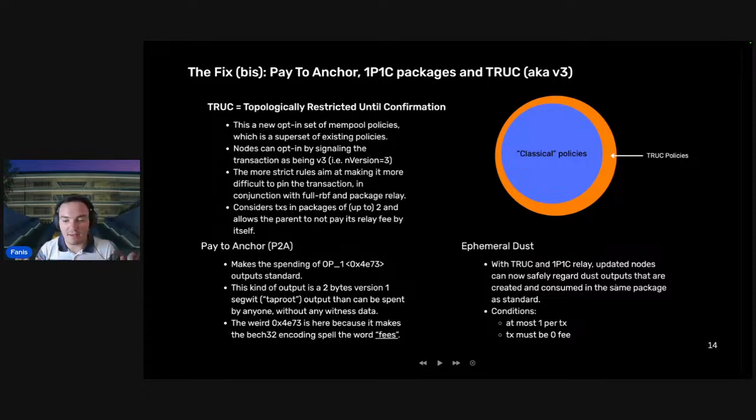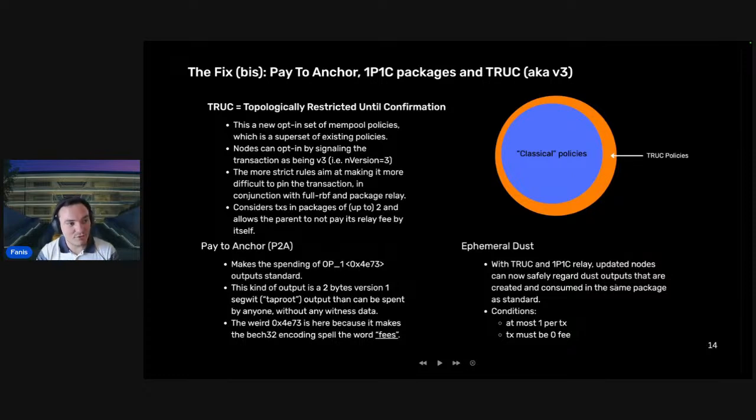Which means having ways to quickly, for example, as a miner, see if a set of transactions should be included in a block or in a mempool or not, in a way that is more efficient than what we have today. And so there are a few building bricks that are used together in order to create new mempool policies.